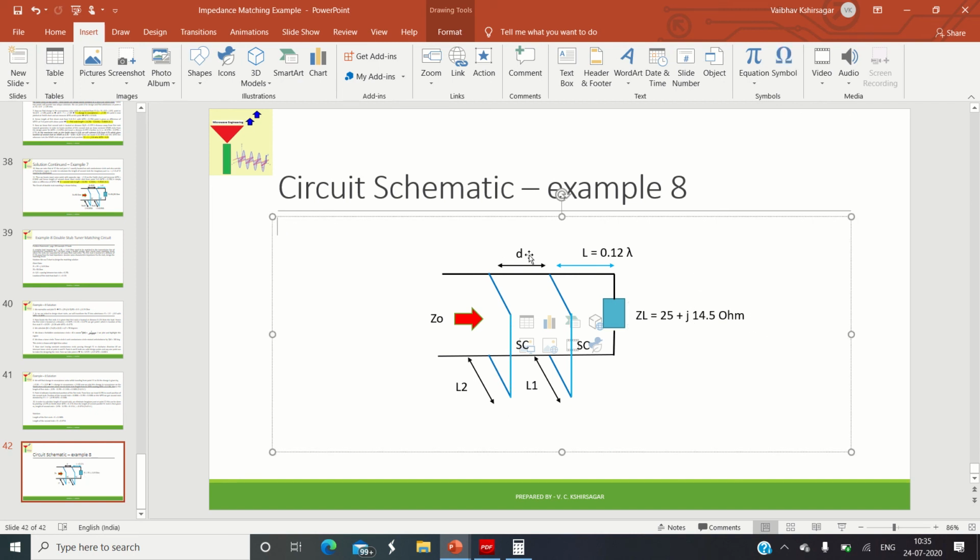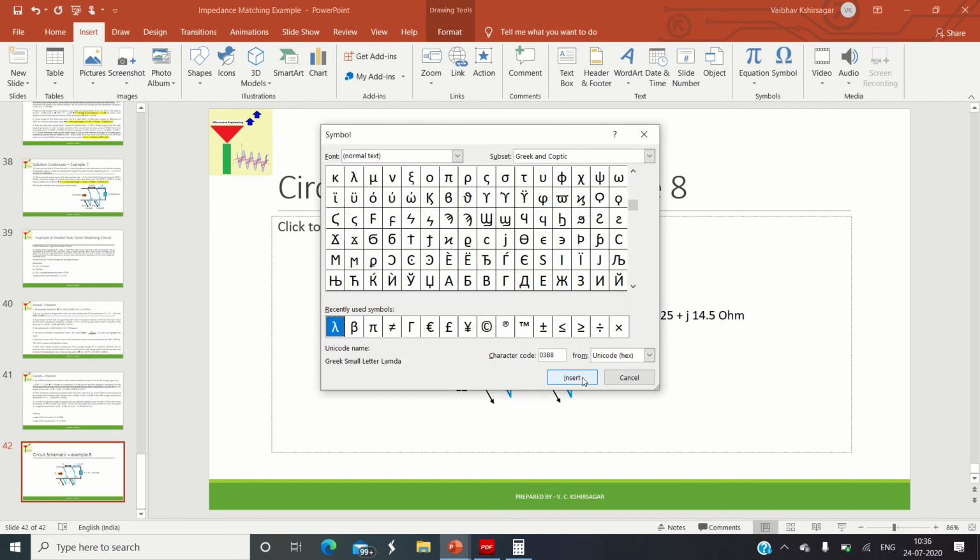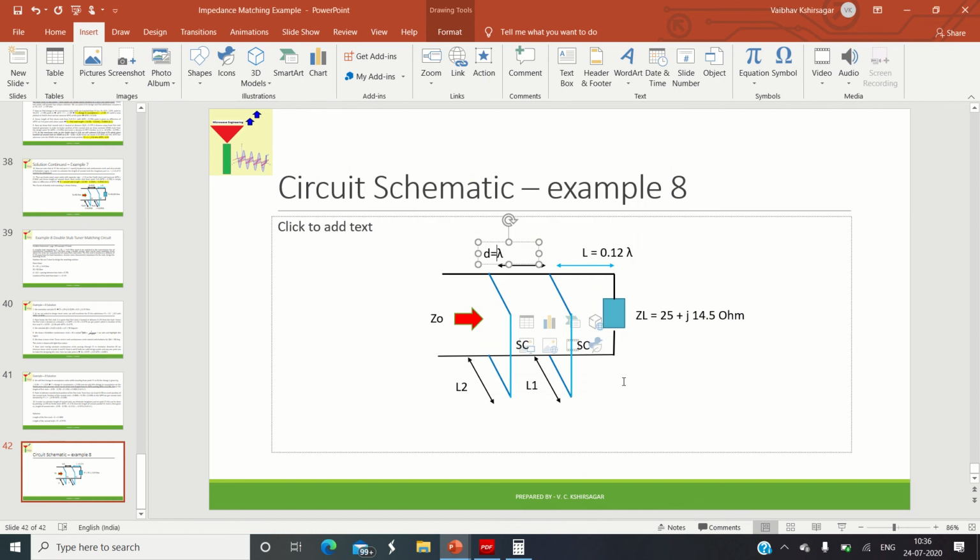What is the d specified? D is the separation between the two stubs. The separation was mentioned to be d equal to lambda by 4, or 0.25 lambda. You can write it either way, the spacing between these two stubs.